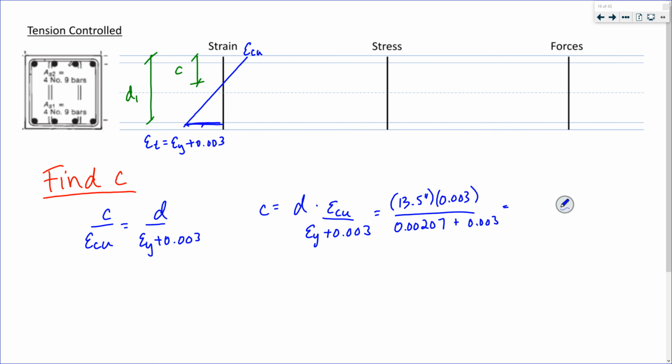Oopsies, plus ECU. That's right. Should give you a C of 5.02 inches.